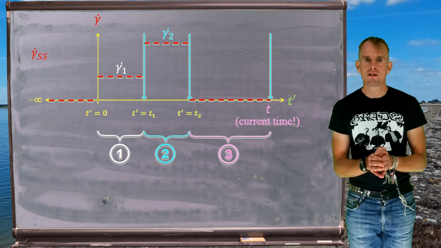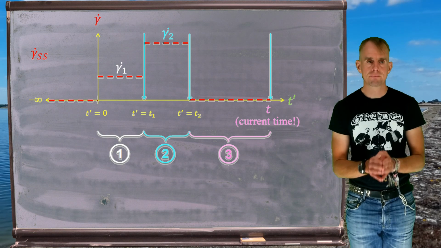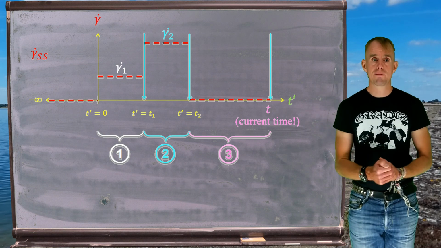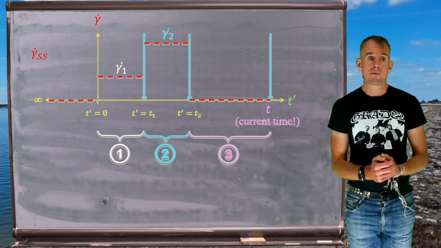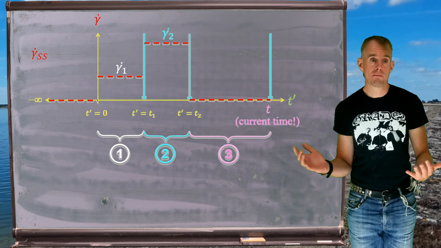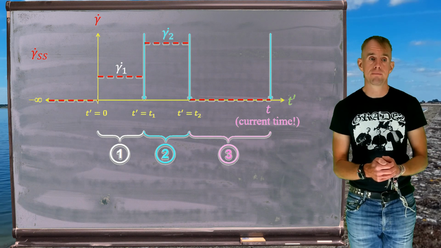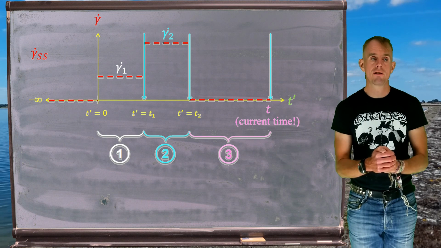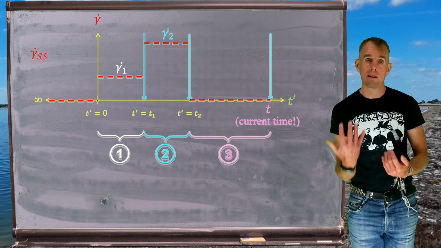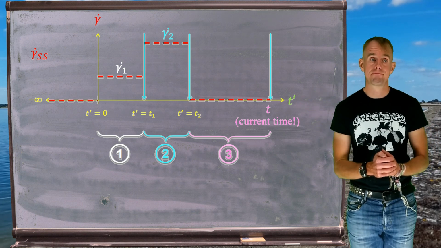Ultimately, current time is where we want to calculate the state of stress for this material. We can see that our deformation history has in effect four regimes. We have a period of no deformation from t dash equals minus infinity through to t dash equals 0. Then we have a step change in our deformation rate between t dash equals 0 and t dash equals t1. Our deformation rate goes to gamma dot 1.